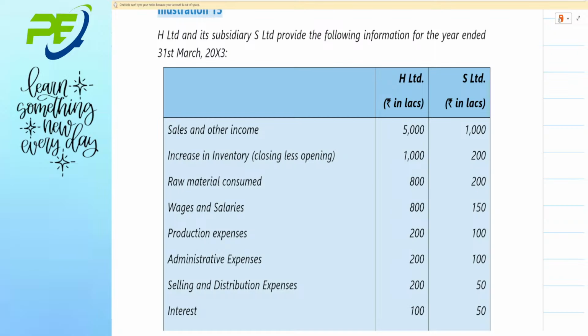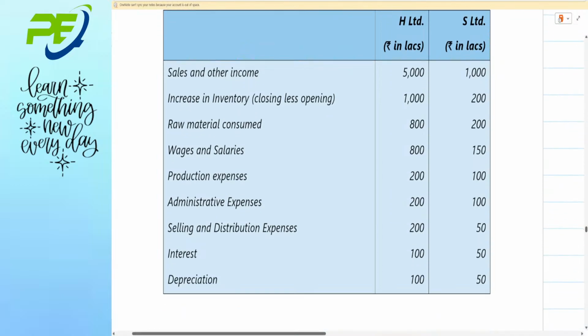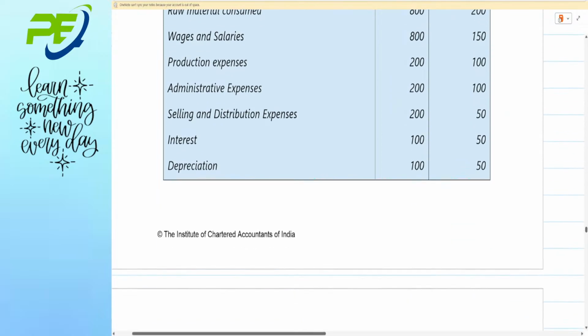Like that, don't think you have to put it under sales. Revenue from operation. Increase in inventory, raw material, wages, production expense, where will it come? Admin expense, selling and distribution, interest, bunch kind. Interest will come in finance costs. Depreciation.